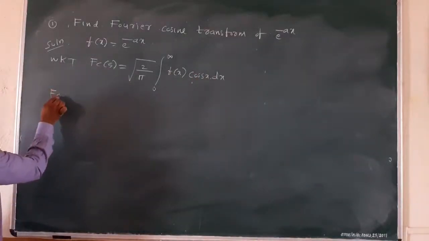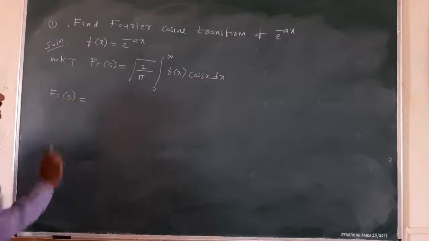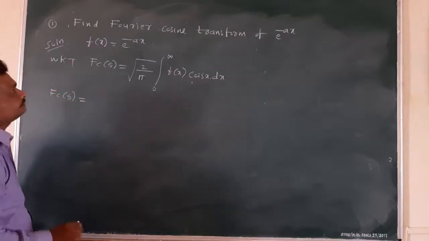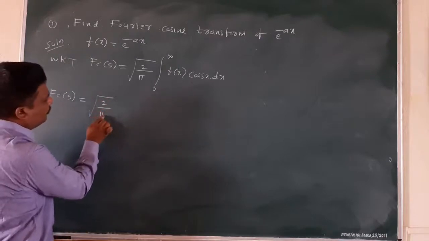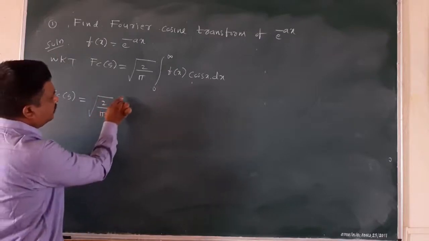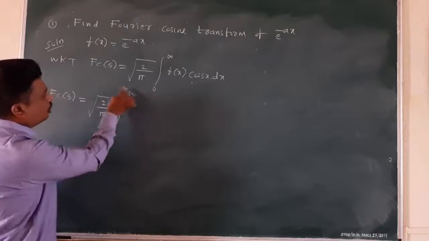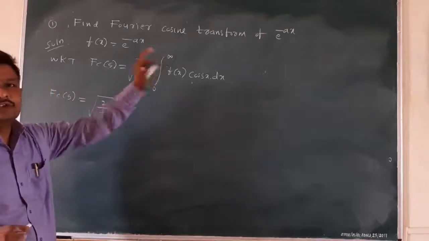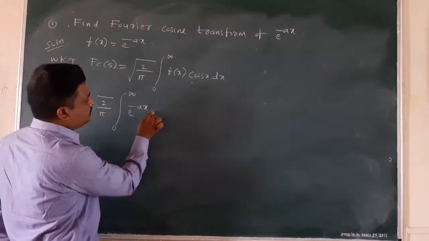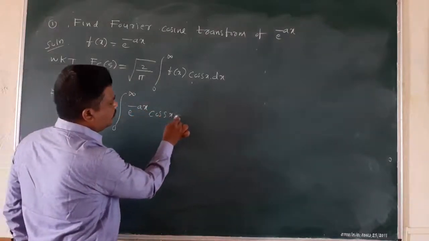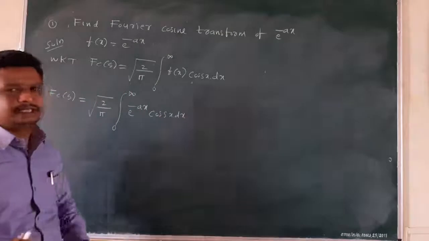Therefore Fc of s I will write as it is, square root of 2 upon pi integration 0 to infinity. Here the value of f of x is e to the power of minus a x, cos sx into dx.